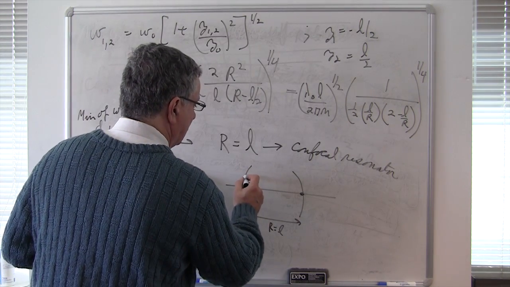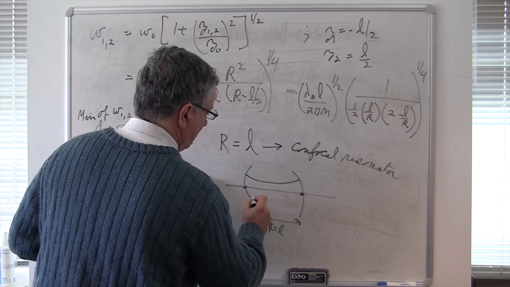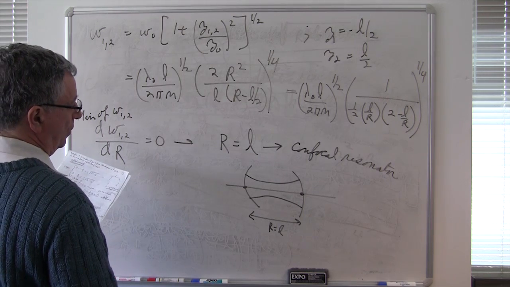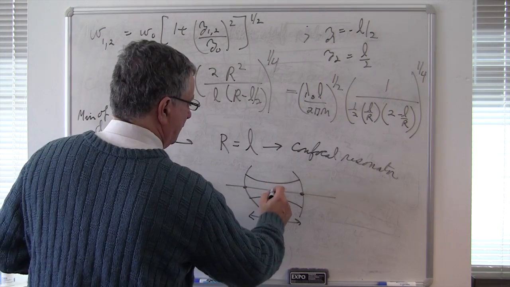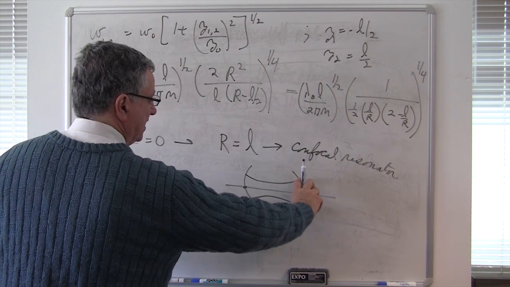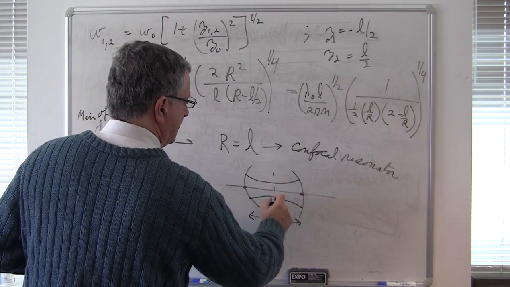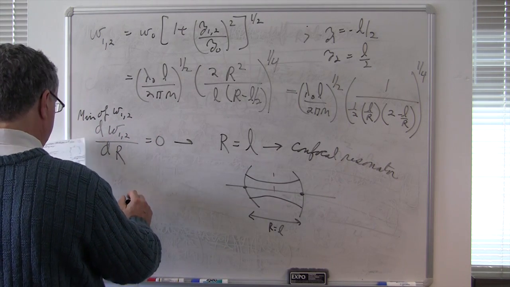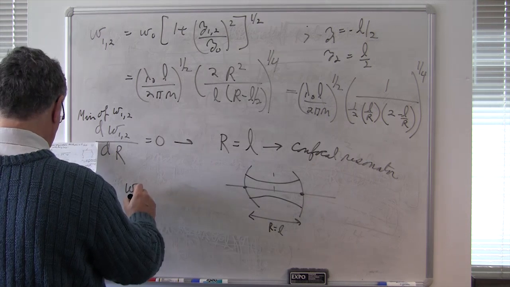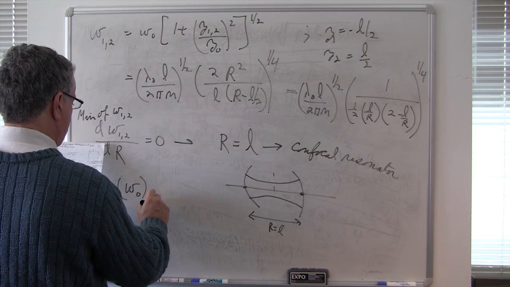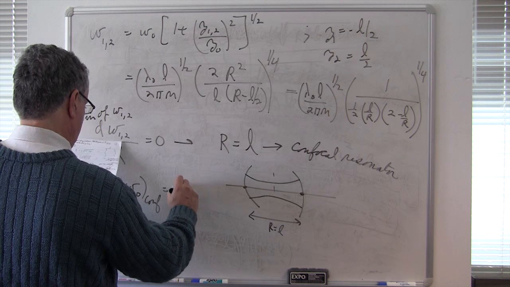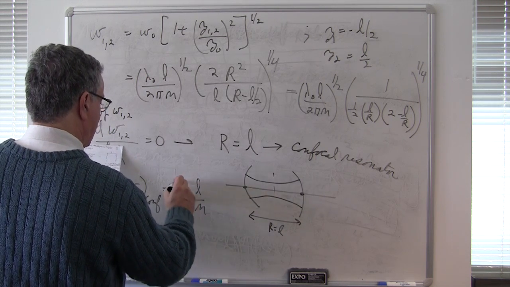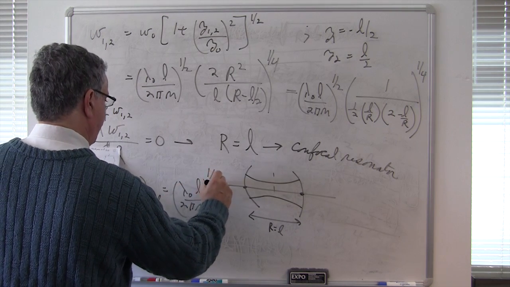So what you get is, in fact, a situation like this. You can calculate how big the spot size is on the mirror. First you find, by taking the derivative, that W0 confocal is equal to (lambda 0 L over 2 pi n) to the power 1/2.